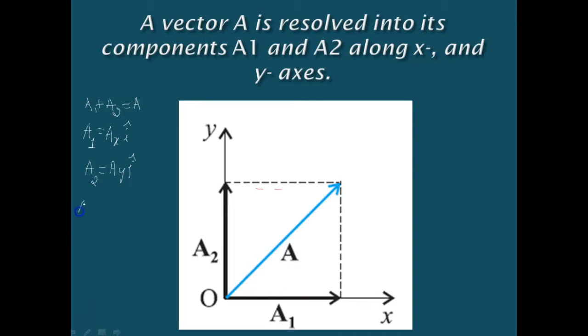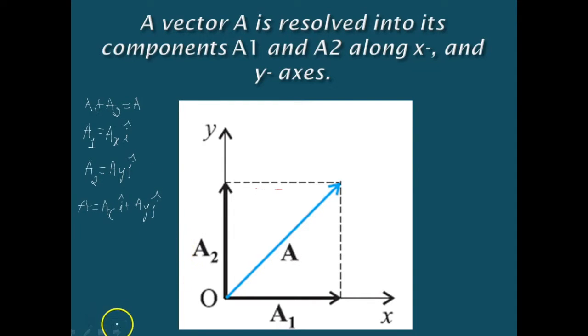So a is equal to ax into i cap plus ay into j cap. So this ax into i cap and ay into j cap are the components of the vector A that we got after resolution, isn't it?